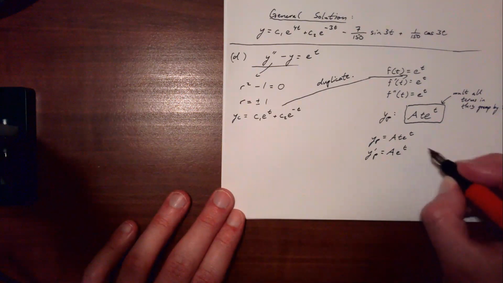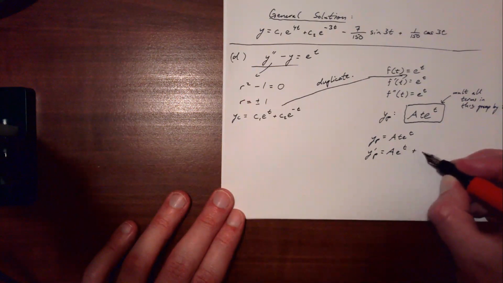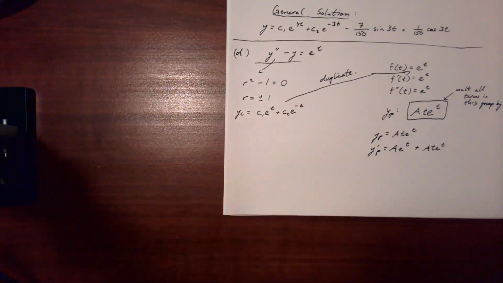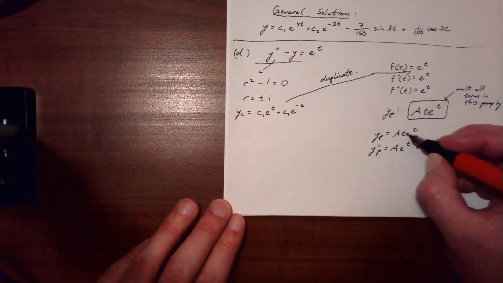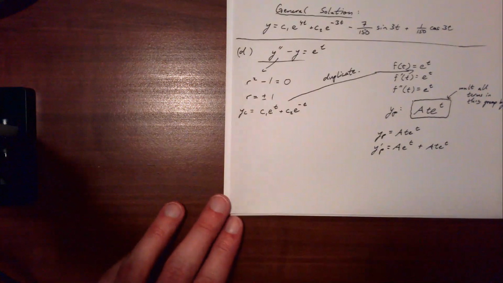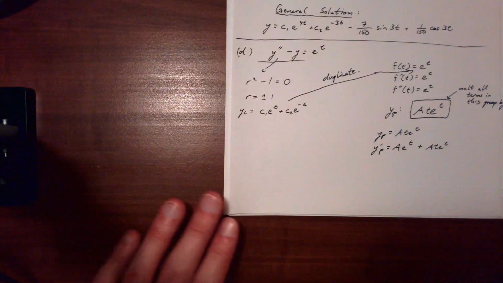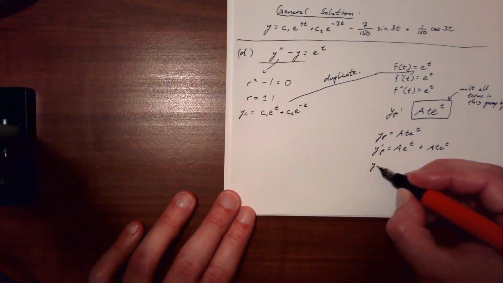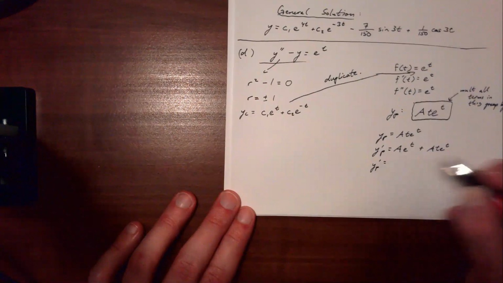So a t e to the t, once again we have to use the product rule: a e to the t plus a t e to the t. Use the product rule, have t be the first function, e to the t be the second, and then we just differentiate term by term.